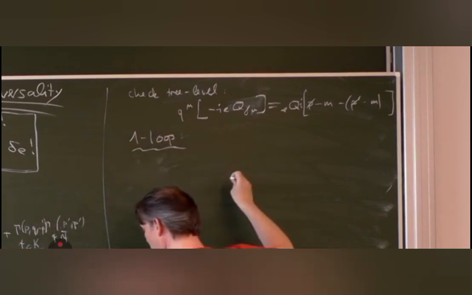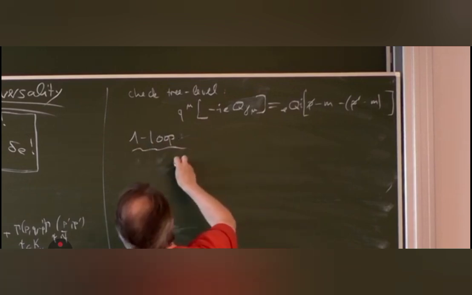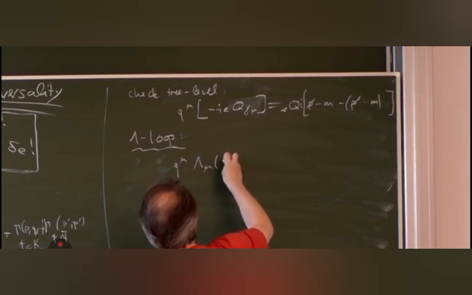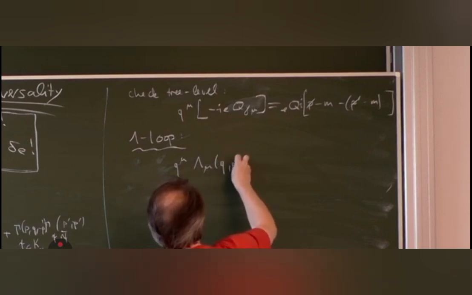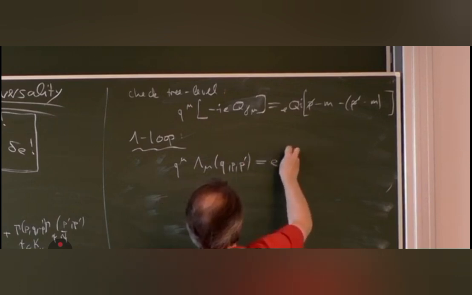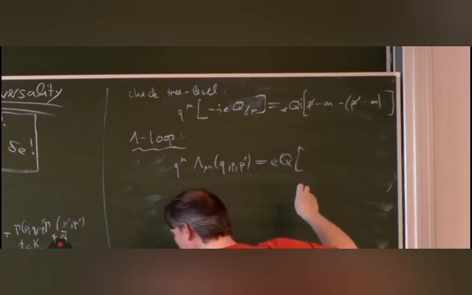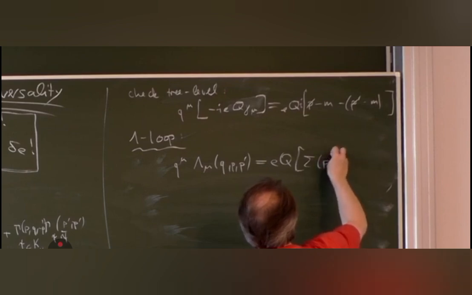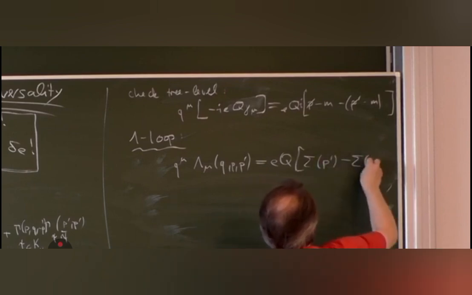So at the one loop level we now get q_mu times lambda_mu at q, p prime must now be equal to e times Q of sigma of p prime minus sigma of p.